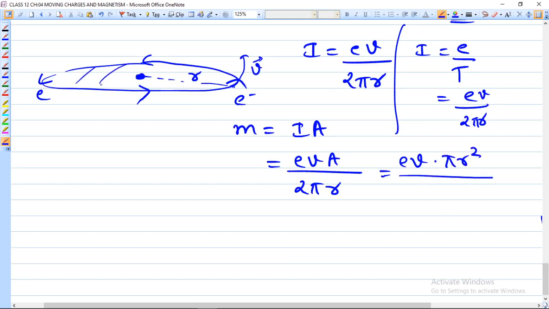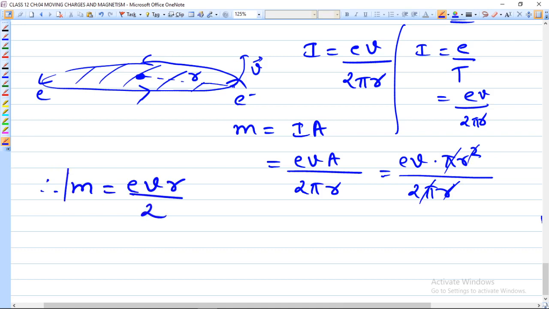Here pi gets cancelled and r gets cancelled. So the magnetic moment is evr upon 2. Please students remember this, evr upon 2.